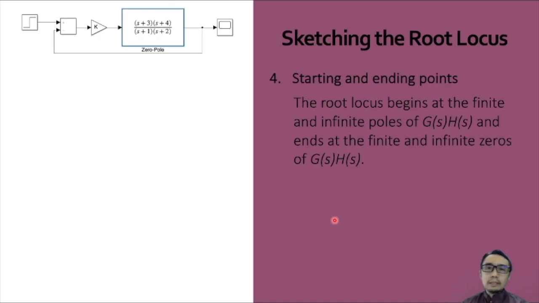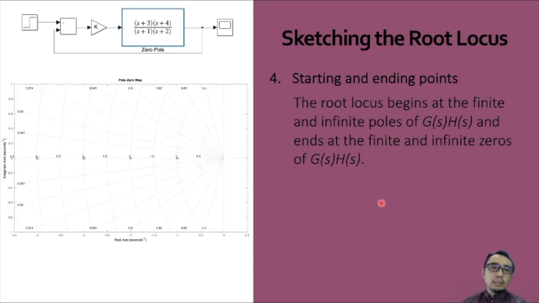And then the starting and ending points: the root locus begins at the finite and infinite poles of GH, and ends at the finite and infinite zeros. For example, if you have this system with 2 poles and 2 zeros, and you plot this in the complex plane, then the locus will start at the poles. But where are the locations of the branch of the locus on the real axis, using the previous rule?